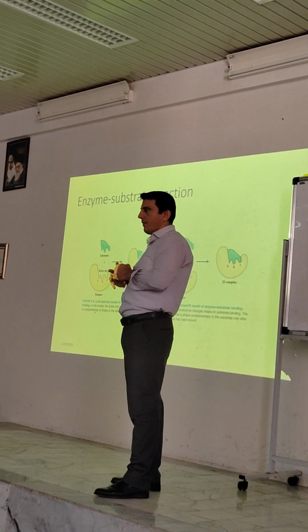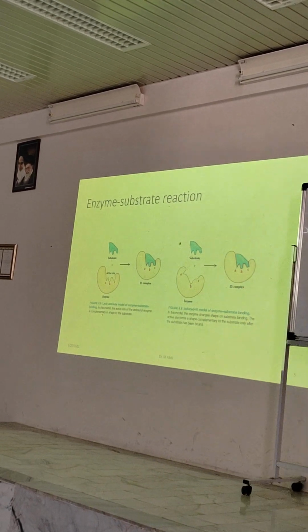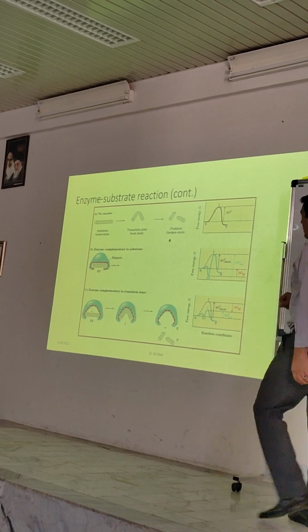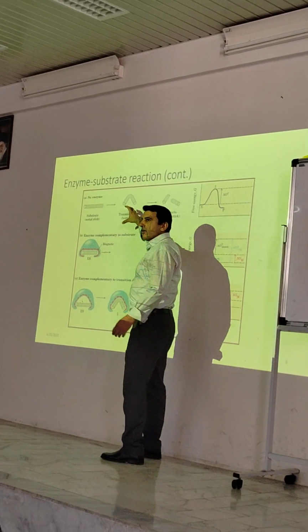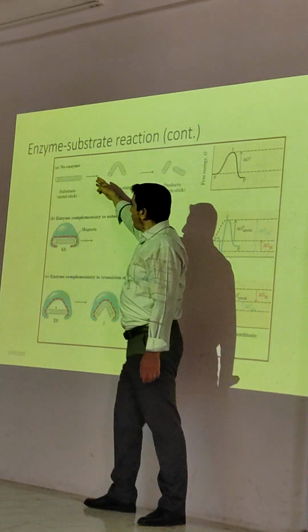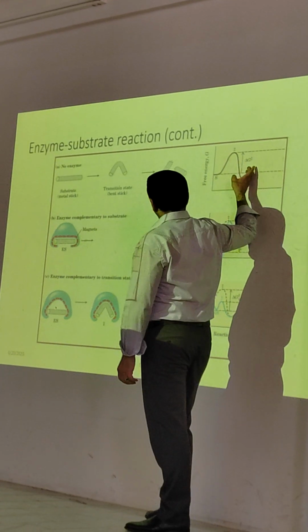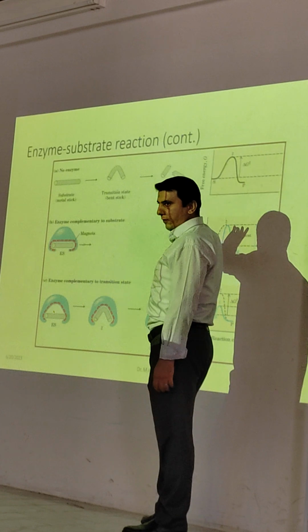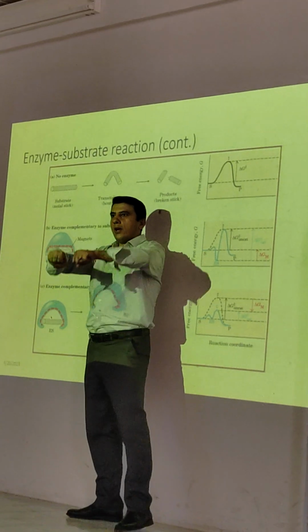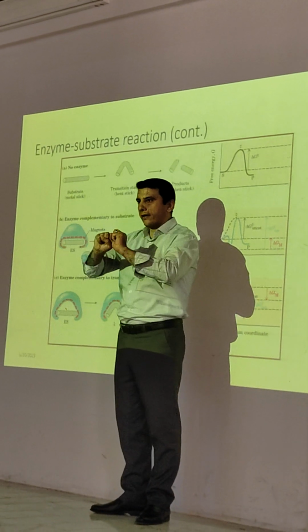This is the point. Let me explain. I think it could be difficult for you. This is a reaction without enzyme. Such a reaction needs a lot of time to be performed. You have a metal stick and you want to break it into two parts.